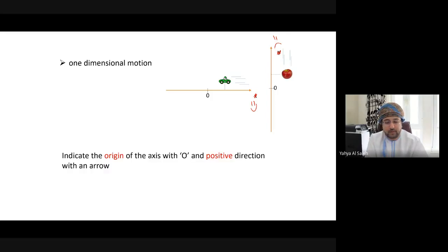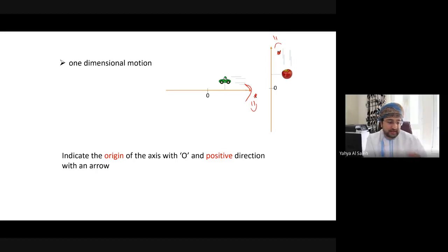Okay. Now what we do is we assign the 0 point. We choose a place where we call this place the 0 point, and if I go in this direction, it is positive. Now, again, why do I have the arrow going this side? Why not that side? Again, convention, choice.